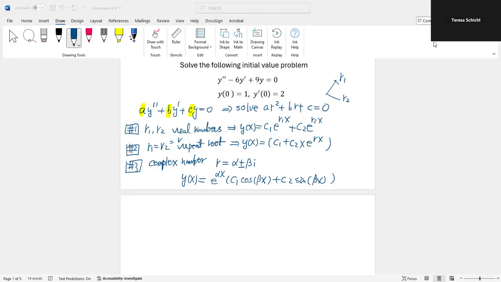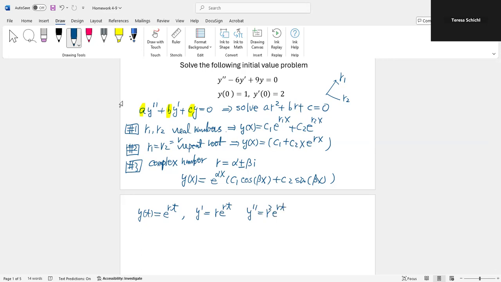For this situation, the way we guess is y of t equals e to the rt. Then the first derivative will be r e to the rt, and the second derivative will be r squared e to the rt, right?